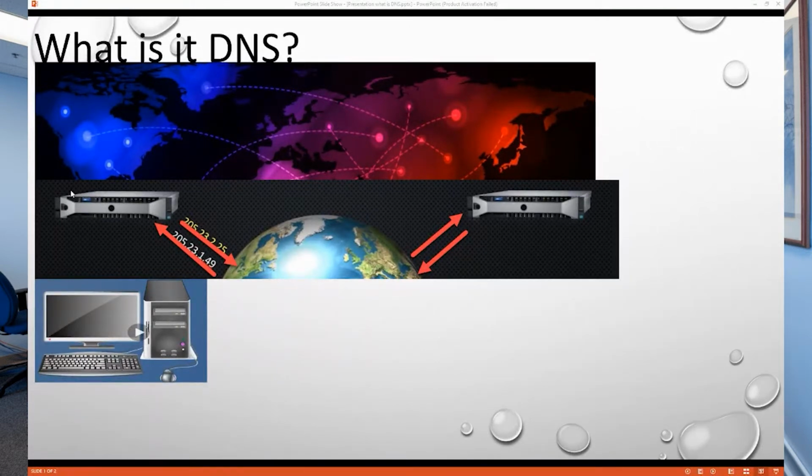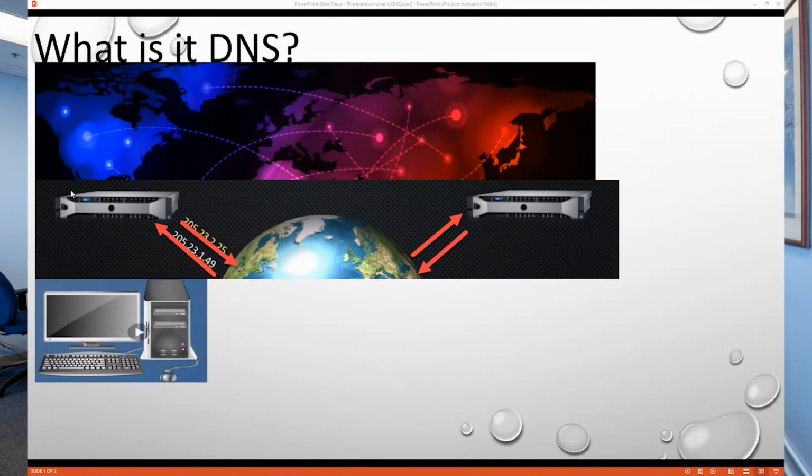How does your computer browser know what to do with this? What does the DNS have to do with this?